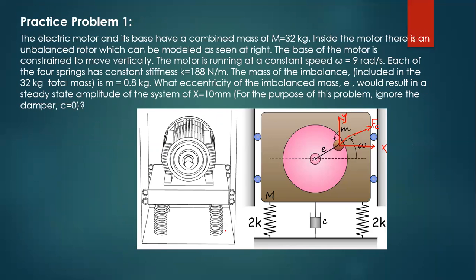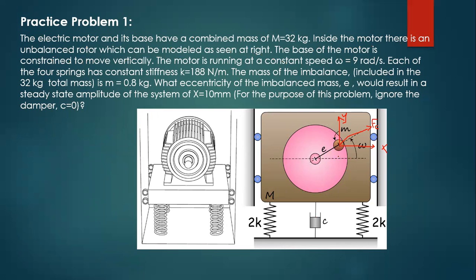And I'll give you another practical question. The electric motor and its base have a combined mass of M = 32 kg. The overall mass of the electric motor and everything is given as M, which is 32 kg. Inside the motor, there is an unbalanced rotor which can be modeled as seen at right.